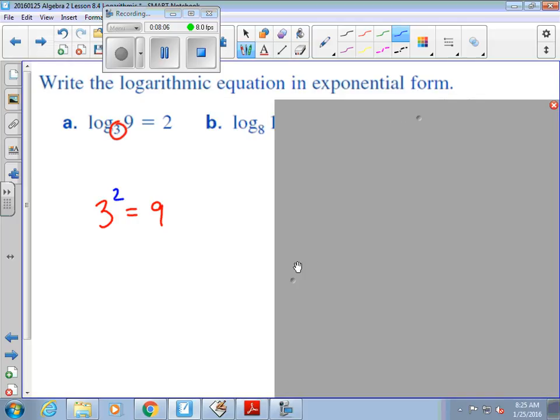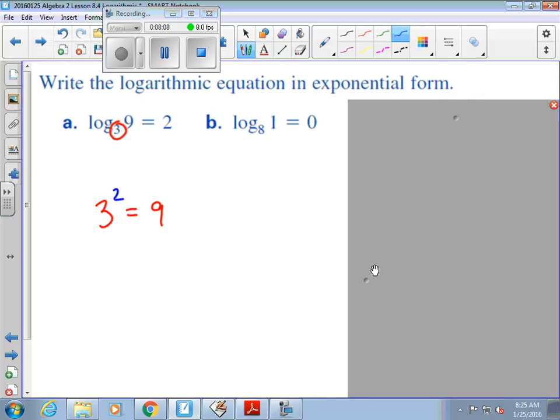Okay, try this one too. Okay, again, you're making something into the number 1.